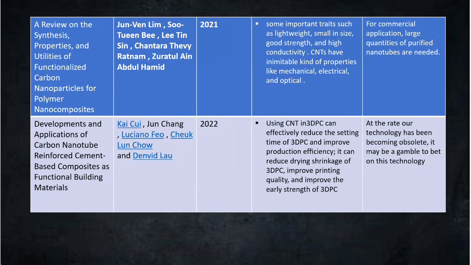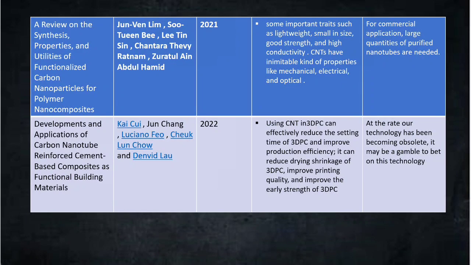And the next is developments and applications of carbon nanotube reinforced cement based composites as functional building materials. The authors are Kai Chu, Jan Chang, Lucio Fio, Chok Lancho and Denvid La. It was published in 2022. The pros are that using CNT in 3D-PC can effectively reduce the setting time of 3D-PC and improve production efficiency.